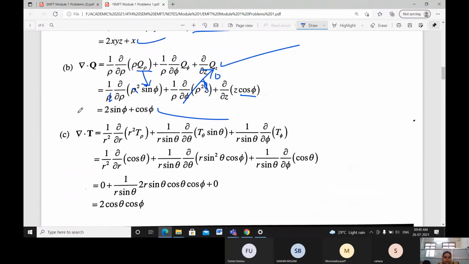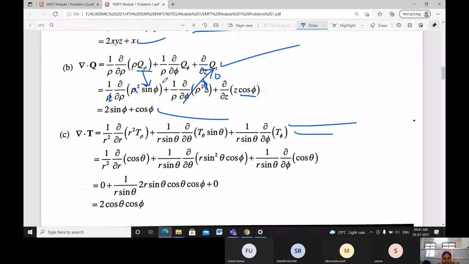Next, we want the divergence with respect to T. Therefore del dot T is for the spherical coordinate system. The equation is 1 by r squared dou by dou r of r squared Tr plus 1 divided by r sin theta dou by dou theta of T theta sin theta plus 1 divided by r sin theta dou by dou phi of T phi.